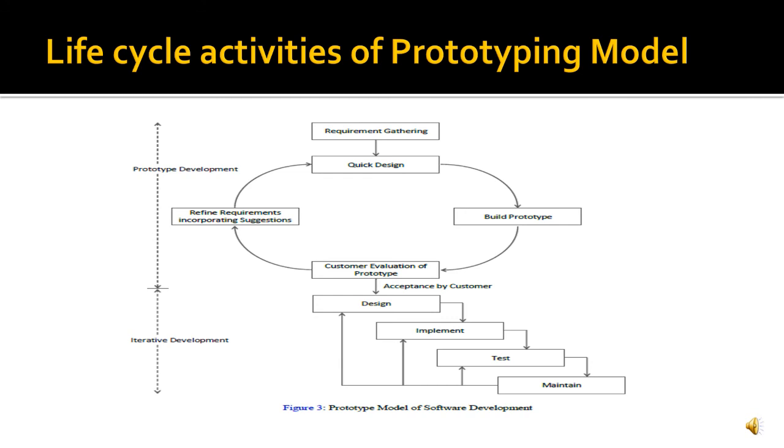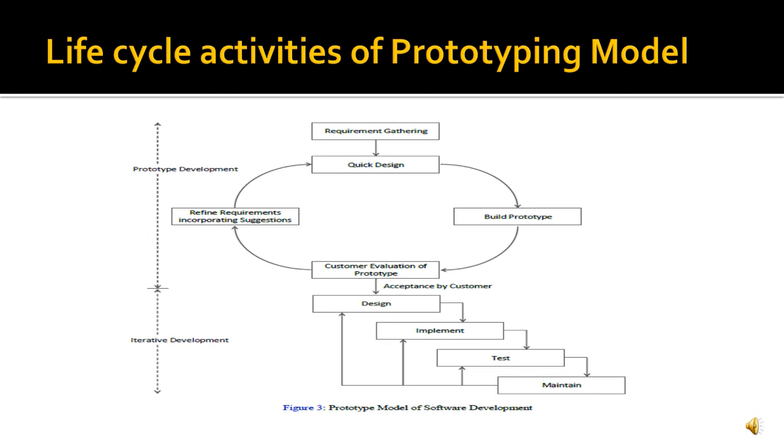That means the customer's requirements have to be gathered. This is the first thing to do. Next, the software developer needs to develop a quick design of the whole project. After this quick design, there is a build prototype step. When the prototype is built, it has to be provided to the customer, and customer evaluation is very important here.